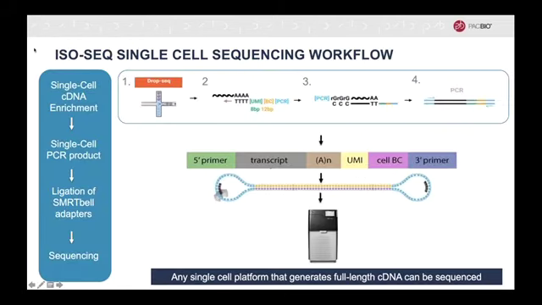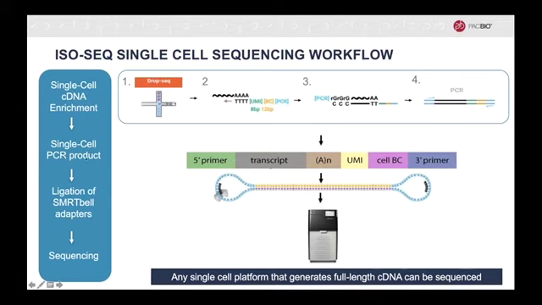So just to quickly walk through the workflow for Iso-Seq single-cell sequencing. First you start out with capturing the actual single-cell cDNA. Now any single-cell platform can be used for this part as long as they can capture full-length cDNA.